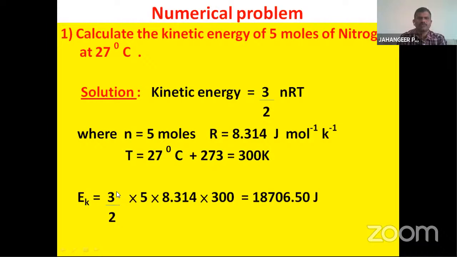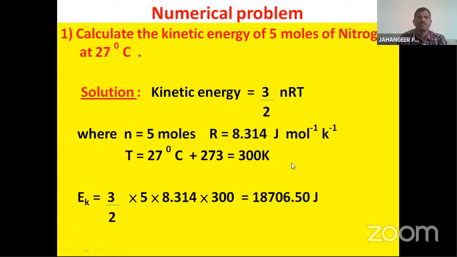Ek is equal to 3 upon 2 into n, where n is 5 moles, R is 8.314, into T, where T is 300. By simplification of these values, you will get 18,706.50 joules.